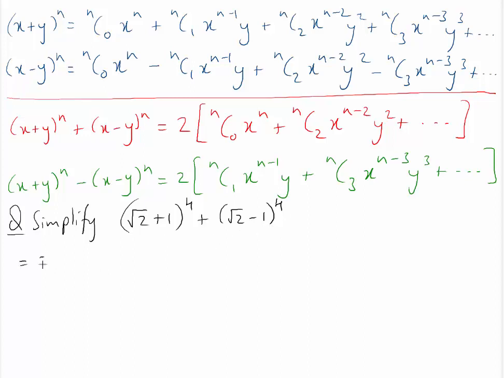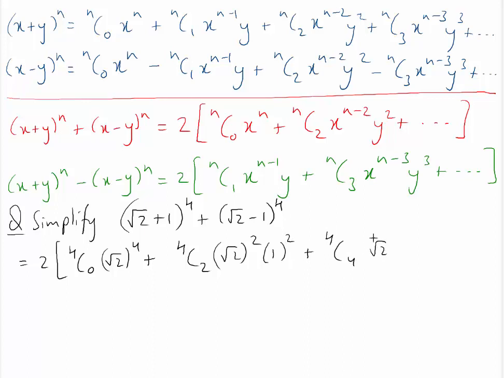This would be equals to 2 times [4C0 (√2)^4 + 4C2 (√2)^2 · 1^2 + 4C4 (√2)^0 · 1^4].